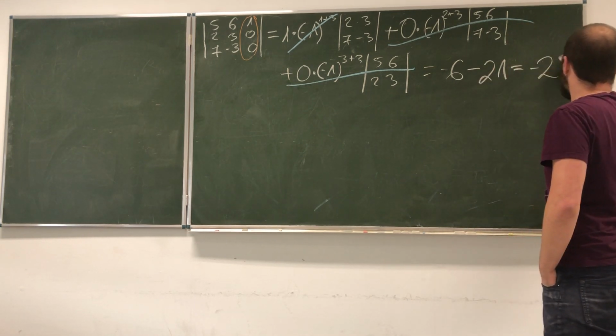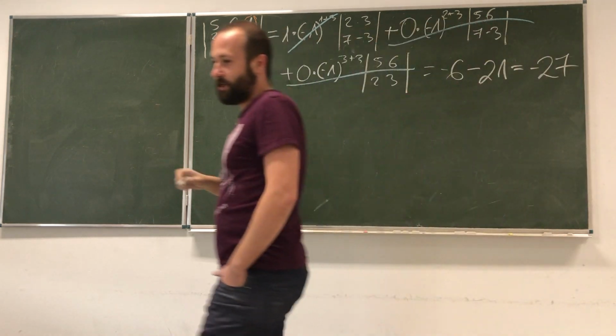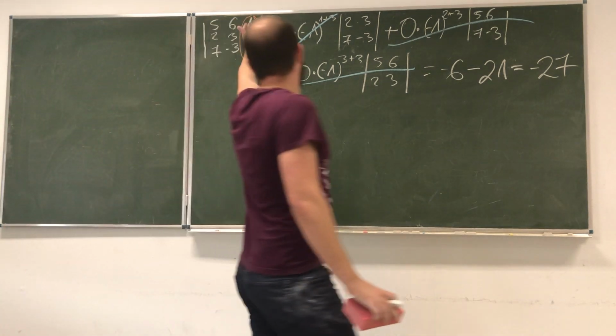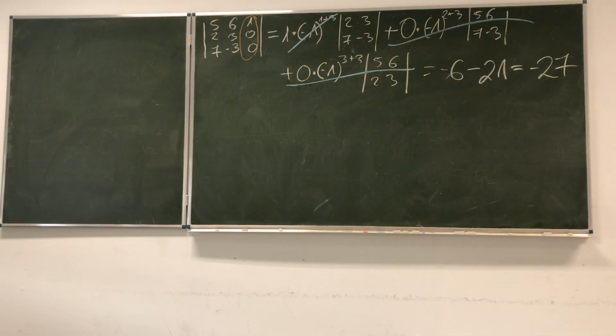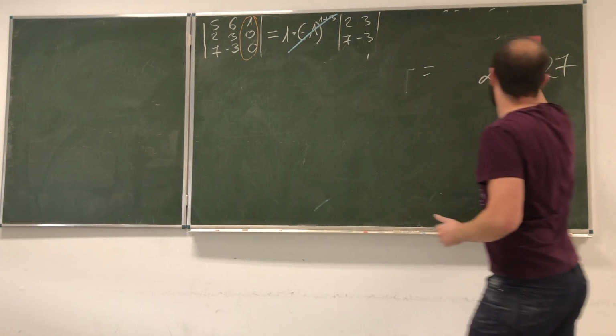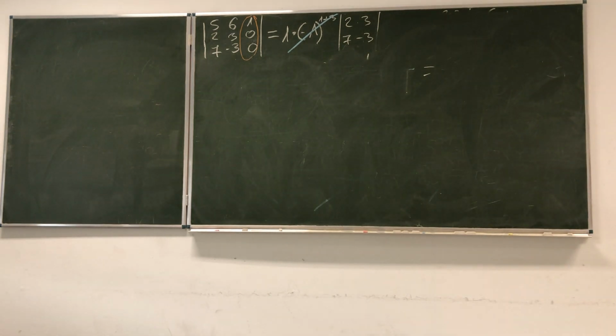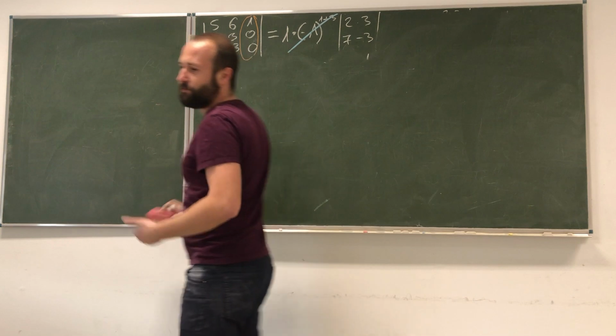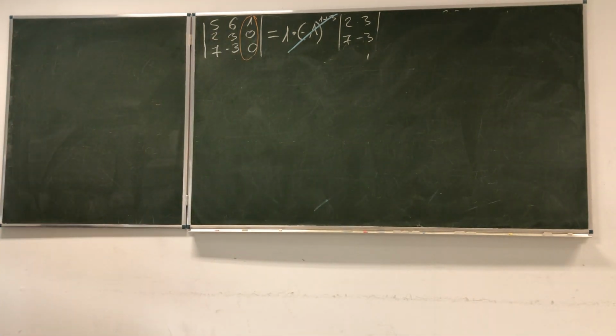So we get that this is negative 27. Okay, but of course, look, if we have a situation like this, we don't need to use Laplace expansion. Although, look how much faster you could do it if we use just this instead of using it in a regular way. But of course, we need Laplace expansion mostly for the more complicated cases.